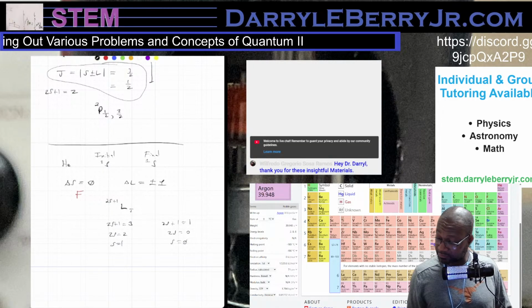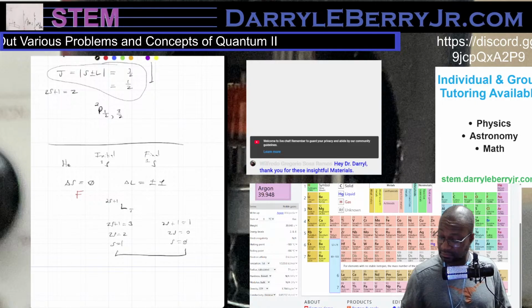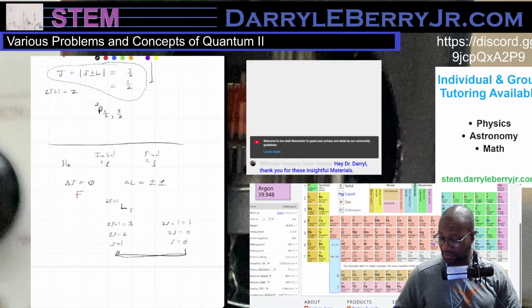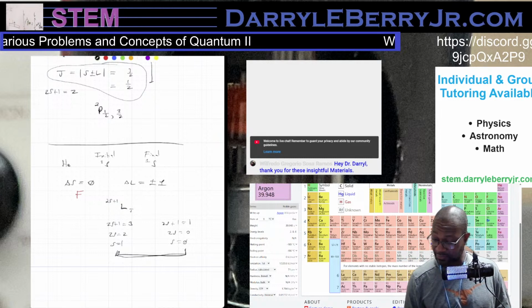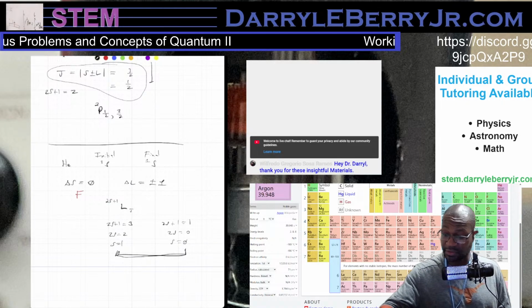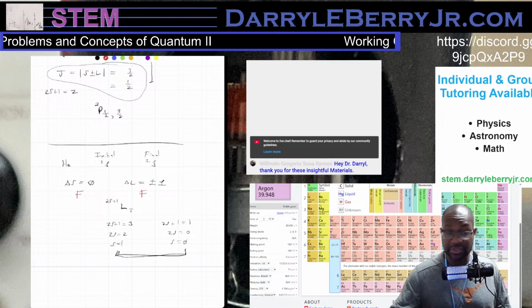Did I calculate that wrong? Oh, yeah, that's right. So it changed by 1. That's not supposed to change. I was mixing up which one is supposed to change or not. So the S changed by 1, and the L did not change when it's supposed to change. So this is false. So this means that this is an unallowed transition.